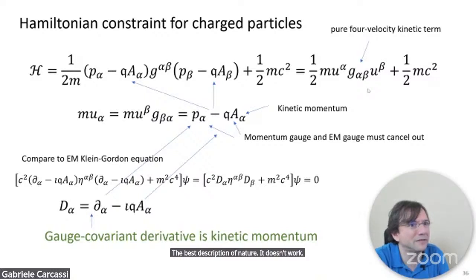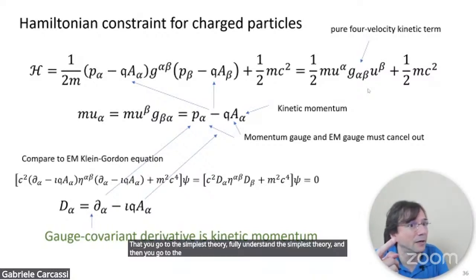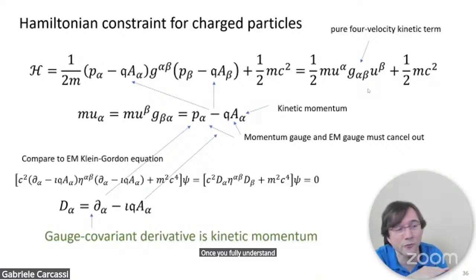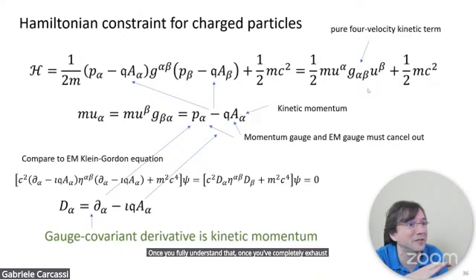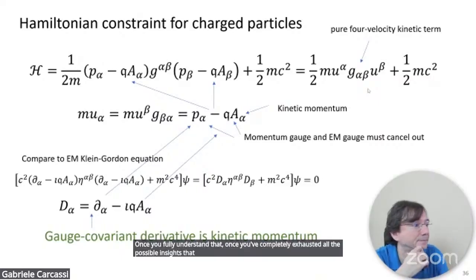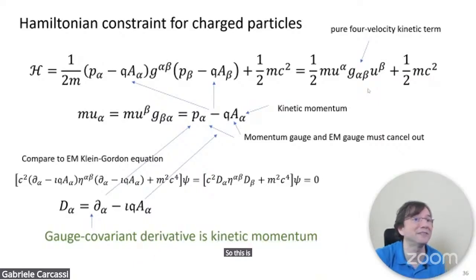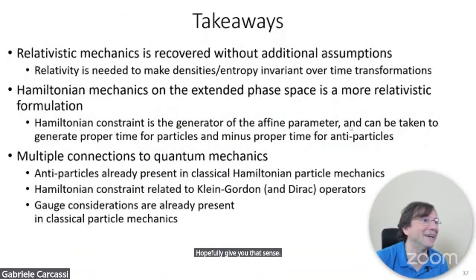You go to the simplest theory, fully understand the simplest theory, and then you go to the more complicated one, once you've completely exhausted all the possible insights that you could get. So this is why I had this relativistic part and the connection to quantum field theory, to hopefully give you that sense. And that's basically it.